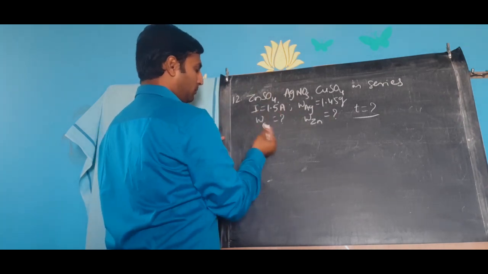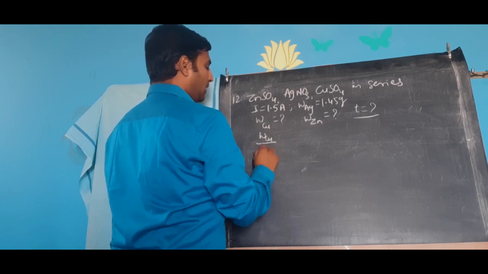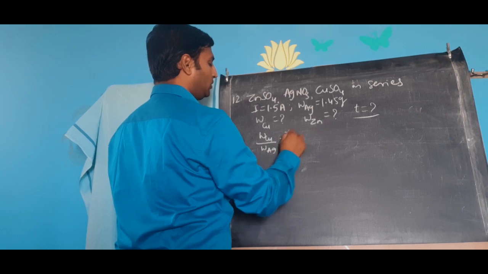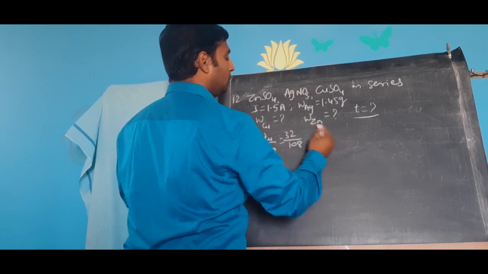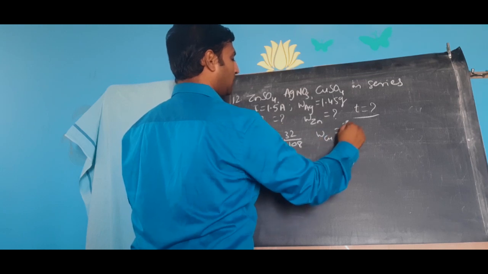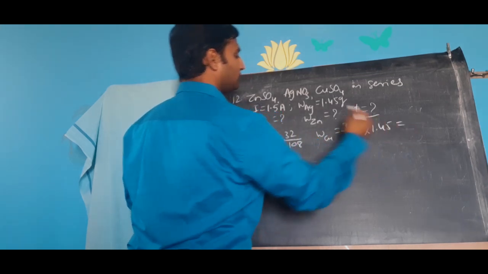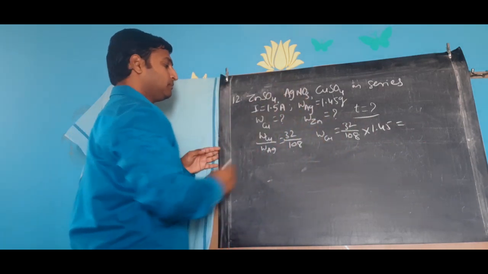So, apply the same formula. Weight of copper by weight of silver is equal to 32 by 108. So, weight of copper is equal to 32 by 108 into 1.45. That will give you weight of copper.